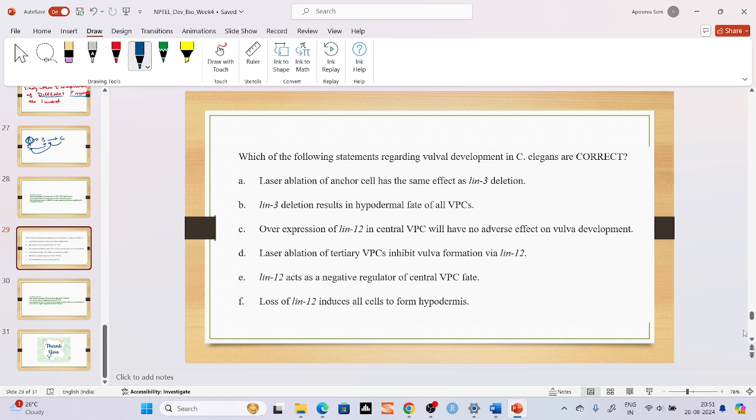Basically, lin 3 and lin 12 are important. Why? Because lin 3 is a ligand that acts on the vulval precursor cells and induces the vulva development. So lin 3 is important for vulval development, and lin 12 is important for lateral inhibition.